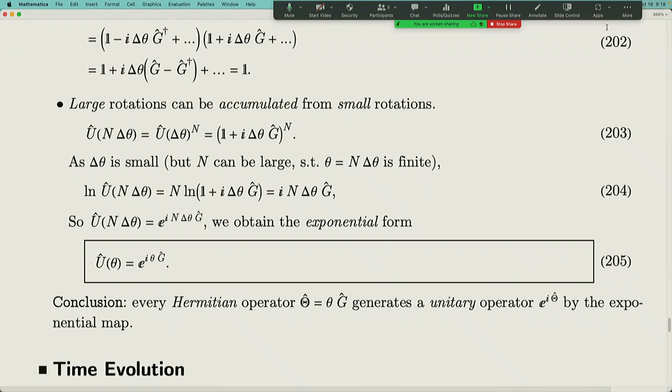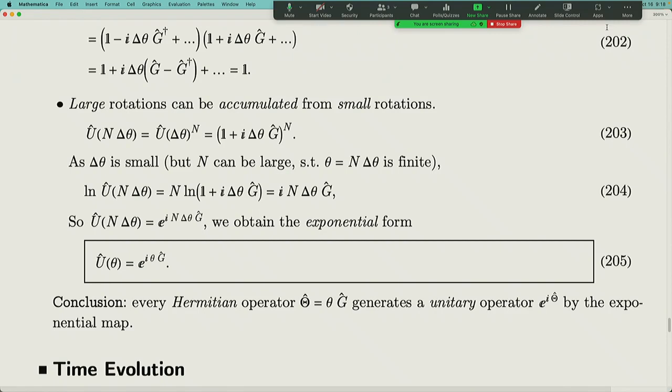But actually, I can also factor out the amount of angle that I want to rotate. And what is essential there is actually this generator G. And then you can extract this generator, regardless of the rotation angle theta, from the unitary operator. Okay, so every Hermitian operator generates a unitary, and every unitary operator is generated by a Hermitian operator. That's the idea. That's a very close relation between them.